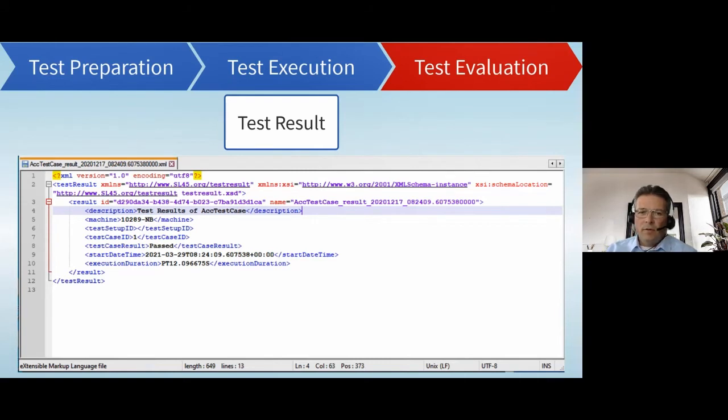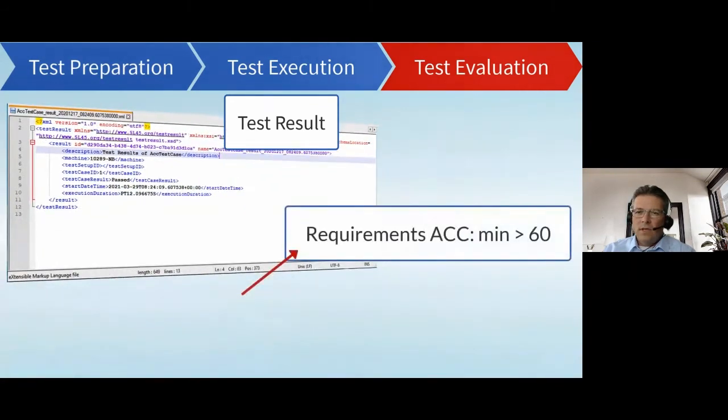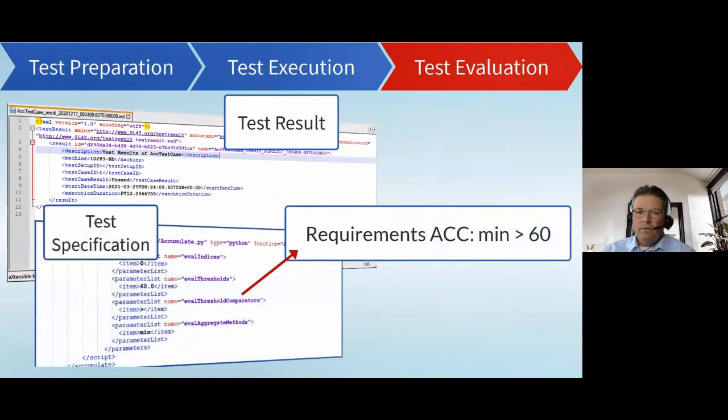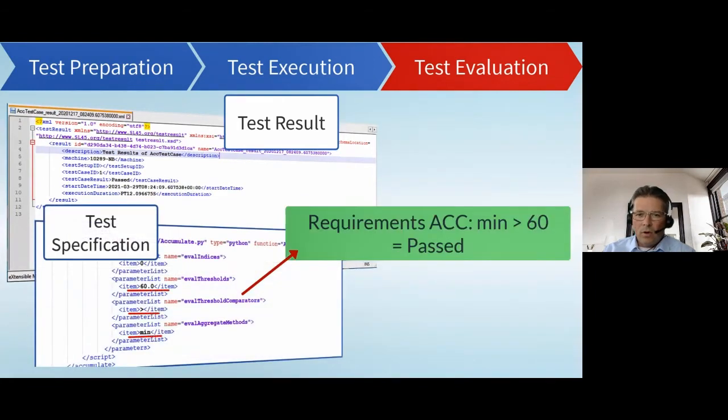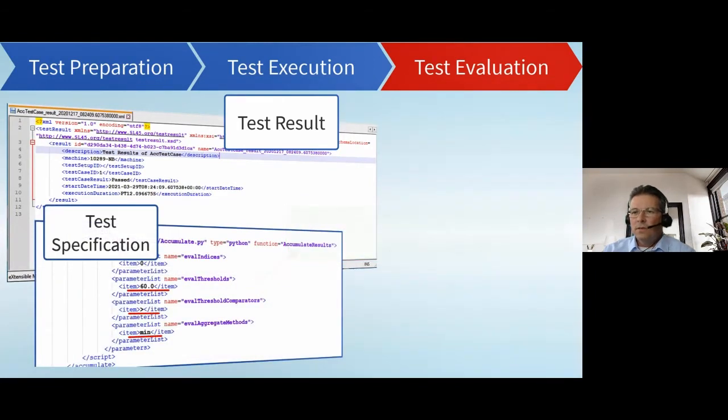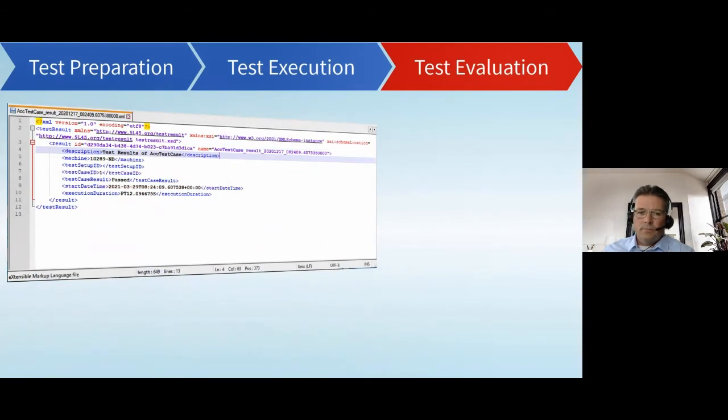We have information about the start time and duration of the test, and of course the test result itself, which can be passed, failed, blocked, crashed, or exception, things like that. And in our case, obviously the test case is passed.